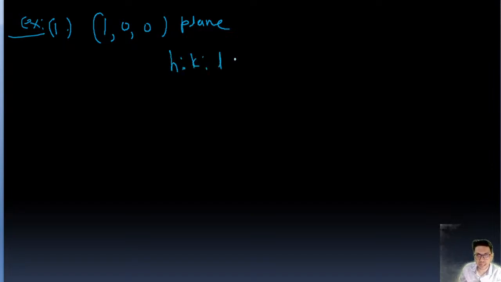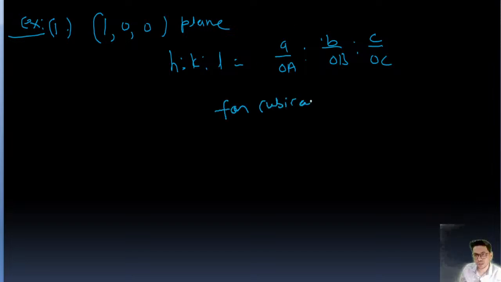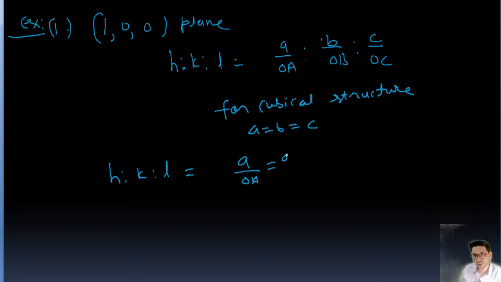HKL, we know the formula. HKL equal to A upon OA ratio B upon OB ratio C upon OC. Here we are going to show it in case of a cubical structure. For a cubical structure, A equal to B equal to C. So then HKL is A upon OA ratio A upon OB ratio A upon OC.